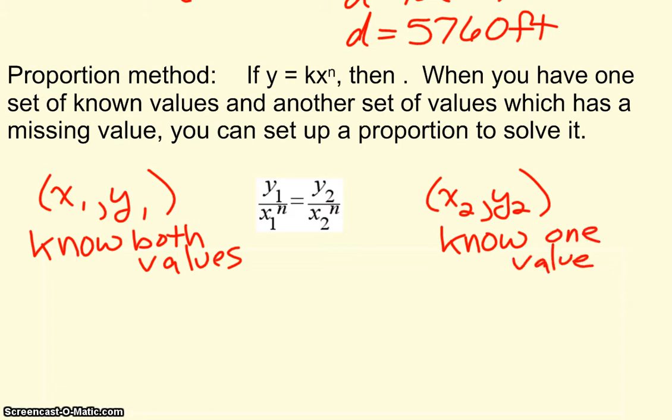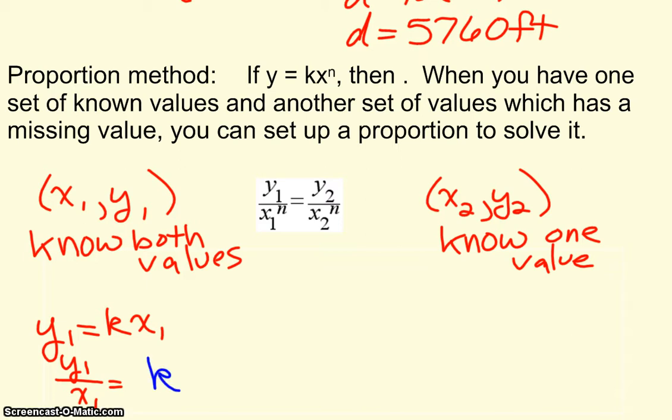Now, the formula is set up right there, but I'd like to show you where it actually comes from. If we take the first problem with our known values, we could set that up as y sub 1 equals k x sub 1. Or if we solve that for k, we get y1 over x1 equals k.